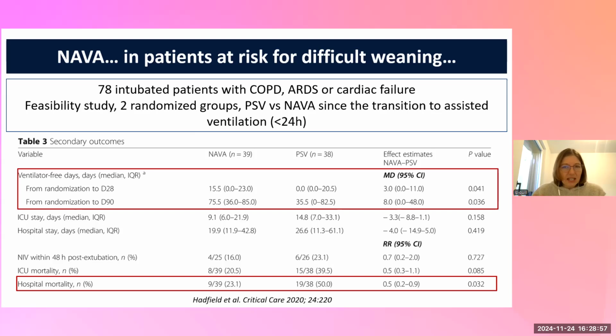Then this clearly keeps the way open for those types of modes, maybe in selected patients who can really benefit from the technique. We could imagine having an impact on outcome, even if this still has to be demonstrated in big randomized studies.